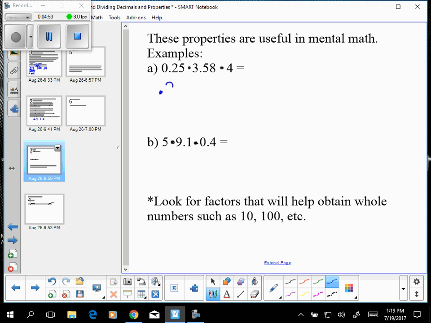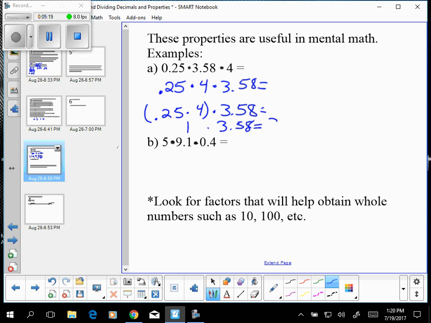So I'm going to get 0.25 times 4 times 3.58. Now I'm going to put in parentheses to associate, and now I'm going to get 1 times 3.58, and I'm using that identity principle now, and I'm getting 3.58.